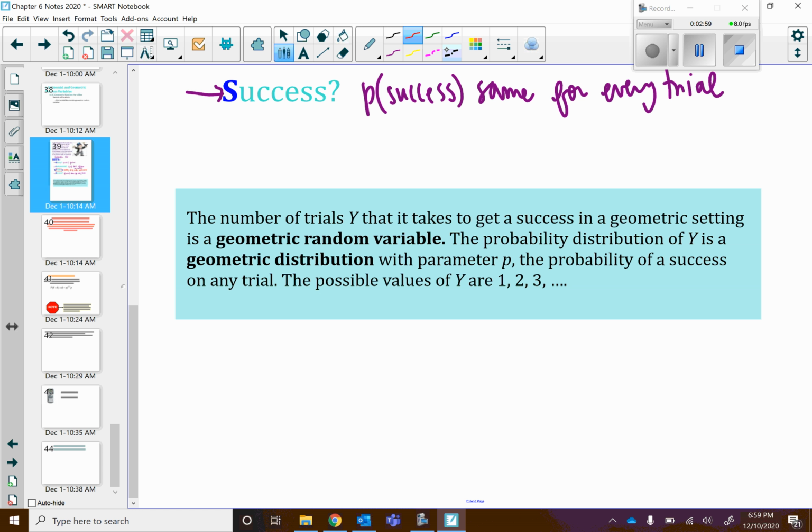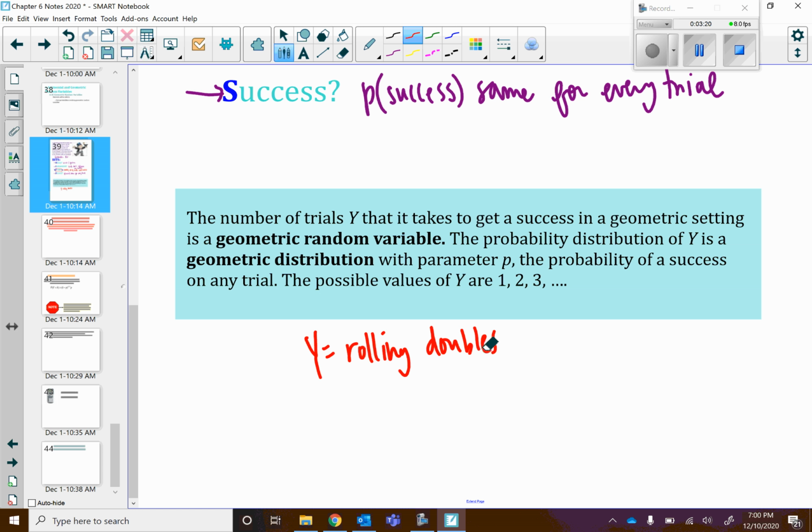So think about this. If I say y is the random variable we talked about, like rolling doubles, it's not that I'm rolling 5 times, it's how many times do I have to roll 2 dice until I actually roll doubles.